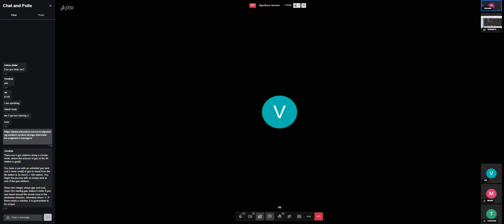So you're deducting the cost, and you're acquiring the gas from the next station. Now the distance to travel is cost of position. You are at the next station, and now you need to travel this much distance.